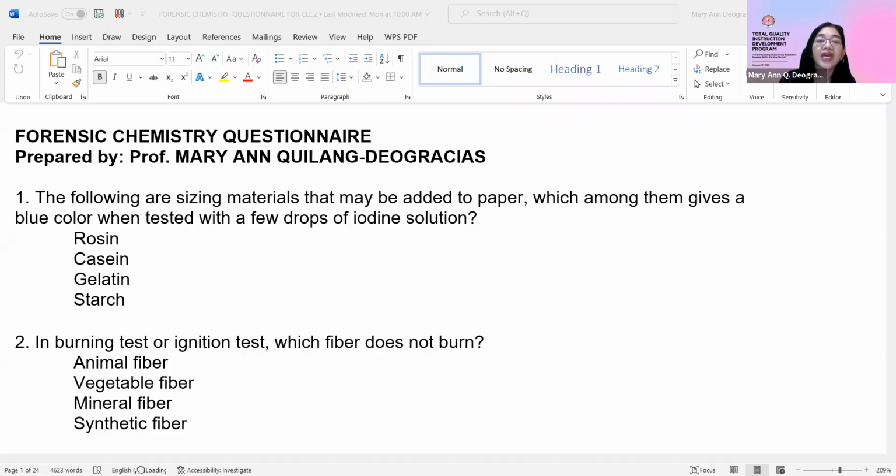Correct. An example of a mineral fiber is asbestos. Asbestos is mixed into asphalt so that it does not completely burn, because when asphalt gets heated, it softens.